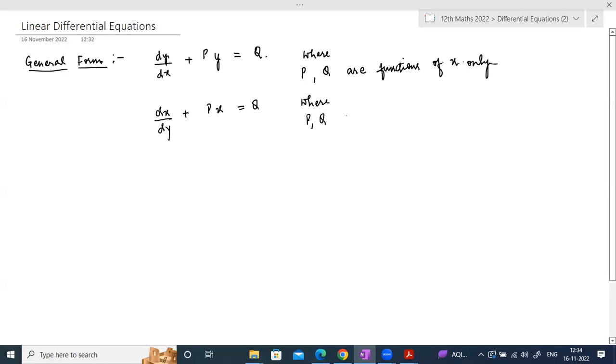Now the P and Q will become functions of y, f(y) or g(y), or they can be constants also. They are either functions of x or functions of y, depending upon the first type or the second type, or they can be simple numbers, simple constants.